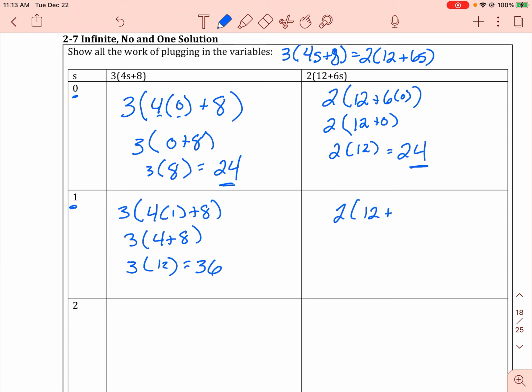So let's see if we get 36 over here. Six times 1 is 6. 2 times 18 is 36. So I get the exact same answer on this side.